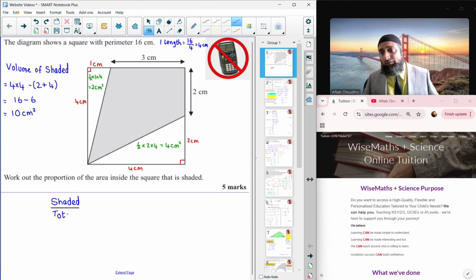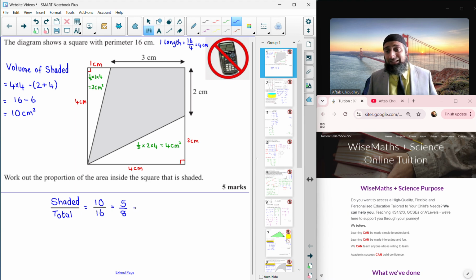So let's go back over there. We know now that the shaded area is 10 centimeters squared, and we also know now that the total is 16. So therefore that can be simplified into 5 over 8. So 5/8 is the proportion of the area inside the square that is shaded.